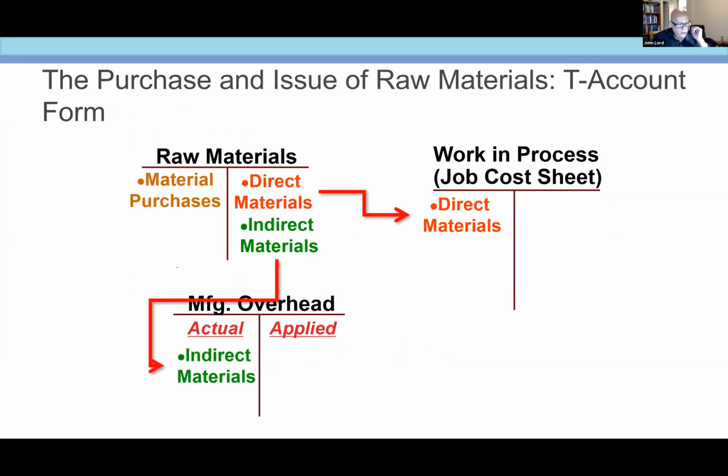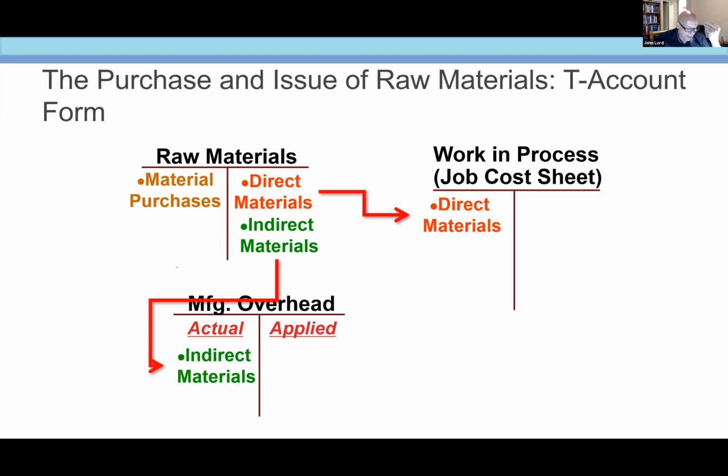So we've got our raw materials, and we requisition some direct materials that can go straight to work in process. Indirect materials like grease, like glue, like mayonnaise for a sandwich, you can't put into work in process because it's too difficult to track how much machine oil you use on any one job.